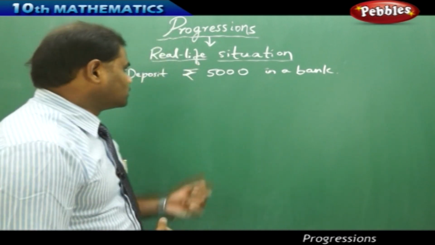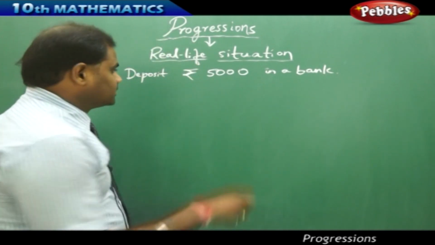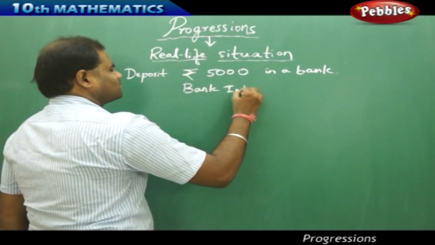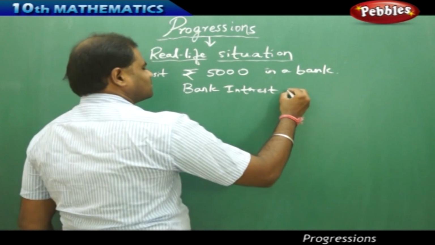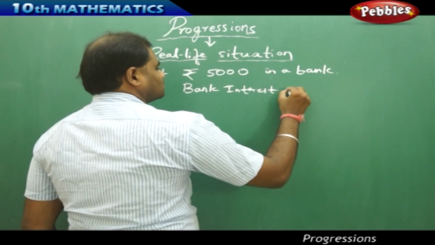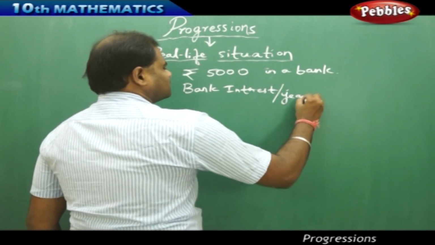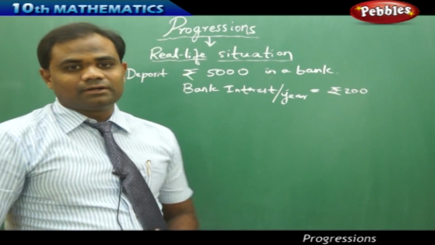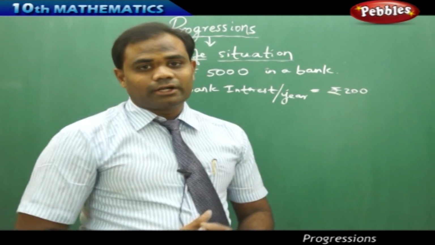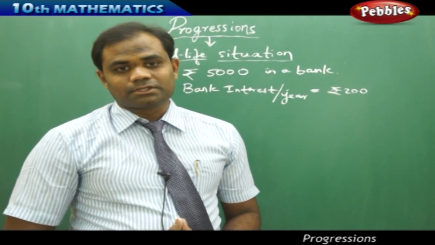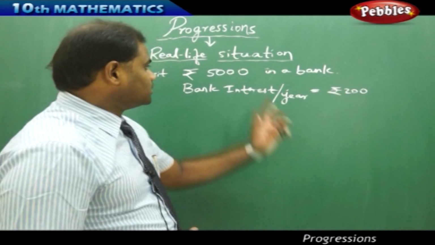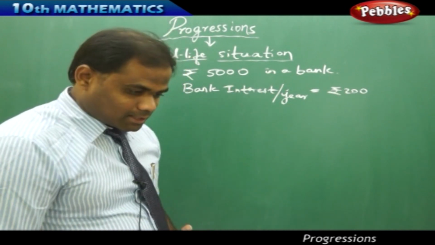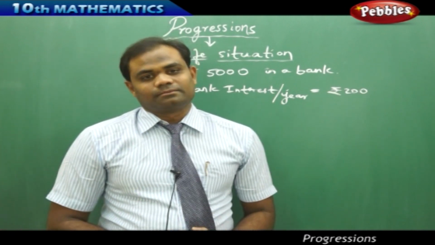Say for example, for the amount of 5,000, the bank interest per year is rupees 200. That is, every year uniformly there is 200 rupees which is added as the interest for the deposited amount of 5,000. So after 6 years, I want to go and collect my money.